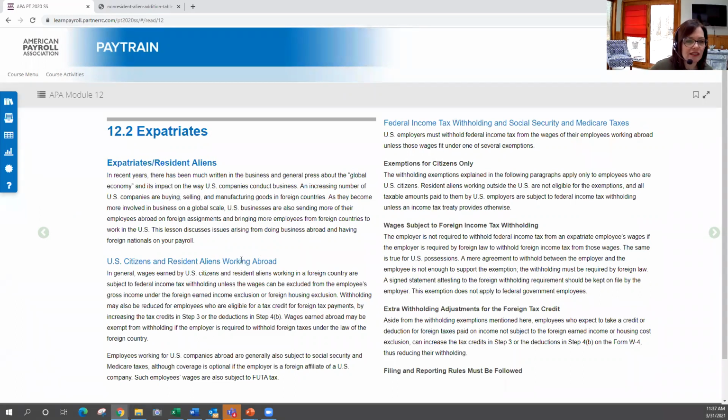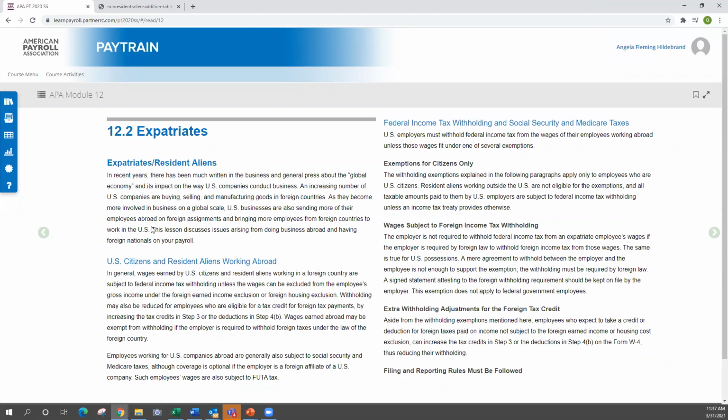I don't want to read all this, but there was something in here. U.S. citizens and resident aliens working in a foreign country are subject to federal income tax. No, that's not it.